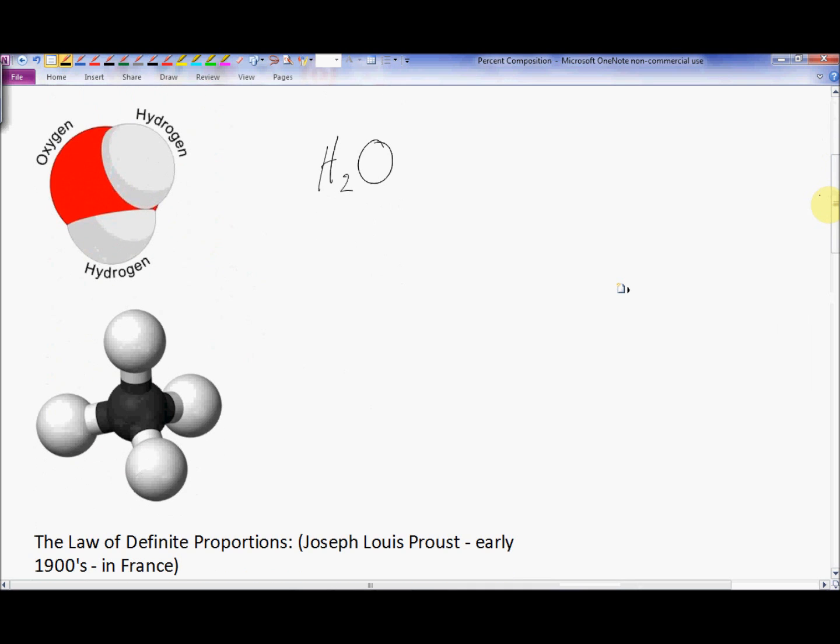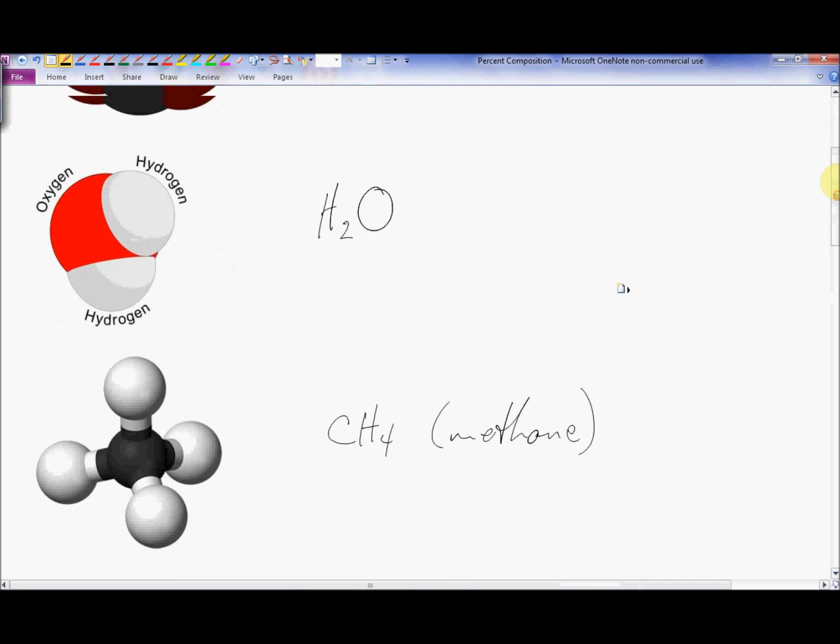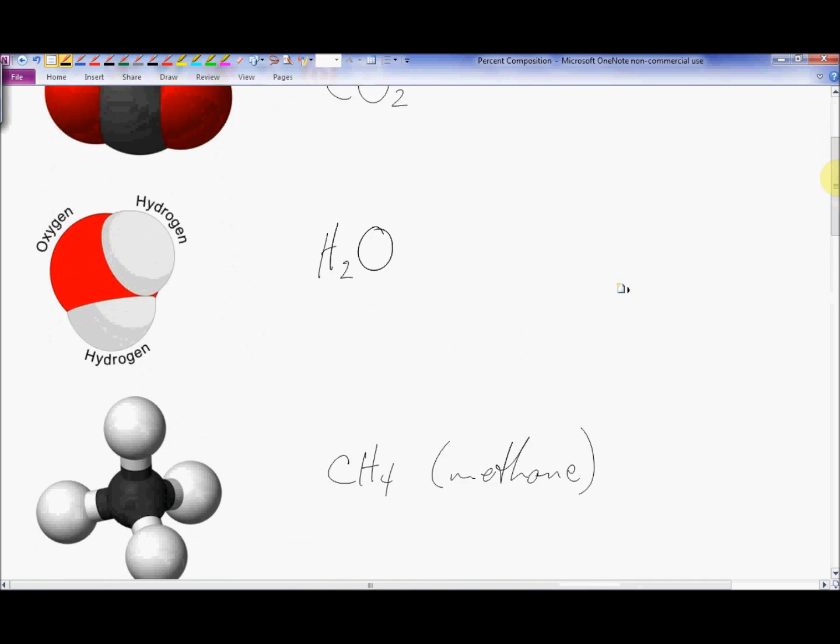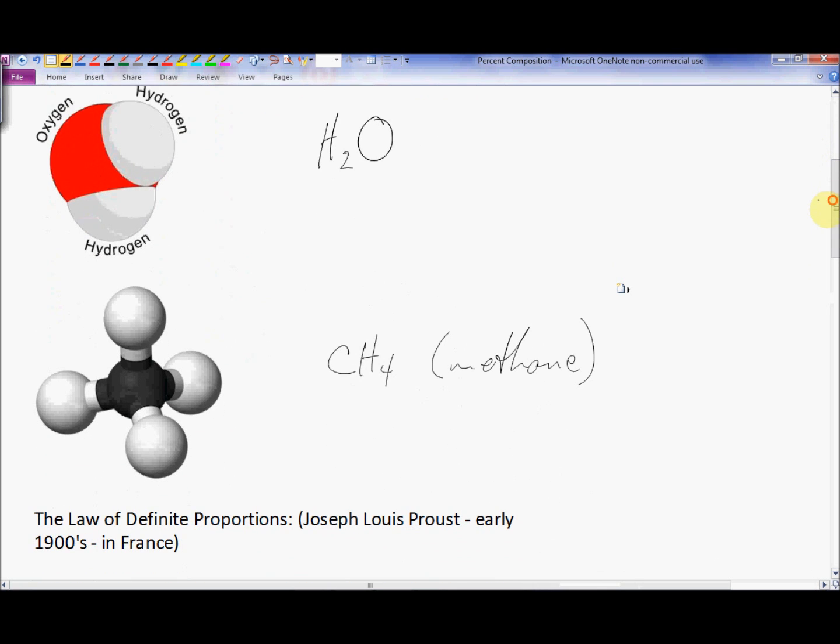And down below it here we've also got CH4, also known as methane. Methane is always one carbon, and it's always got 1, 2, 3, 4 hydrogens attached to the carbon. So they always come in those proportions of elements, one to another.